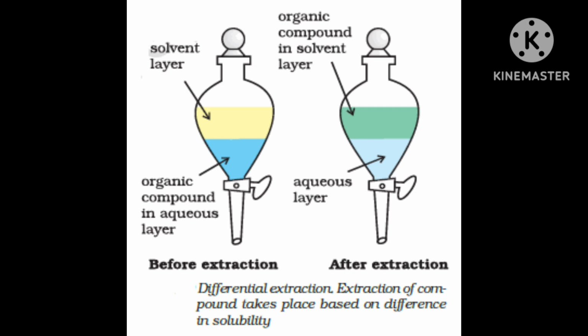After some distance, you will find that is also adsorbed, and in the end the last compound, because it is very less soluble, will go further, and again it will be adsorbed in the stationary phase.